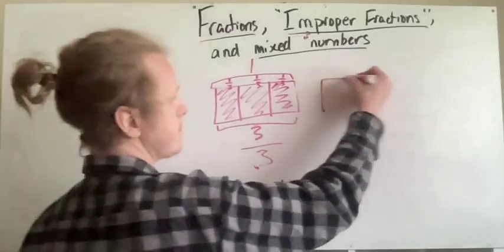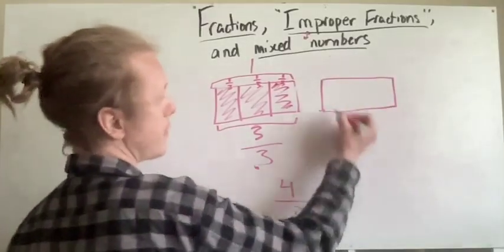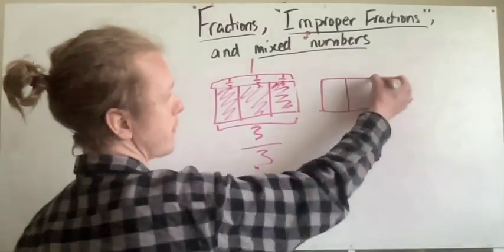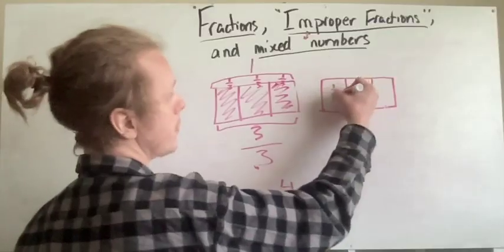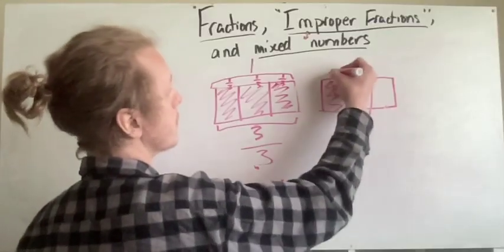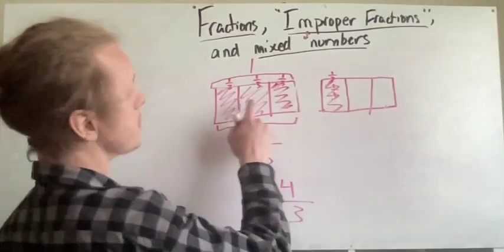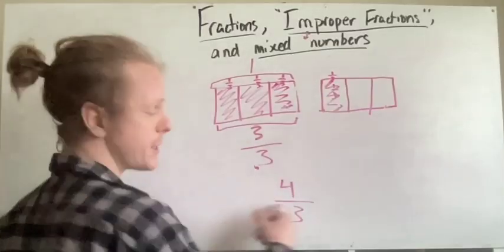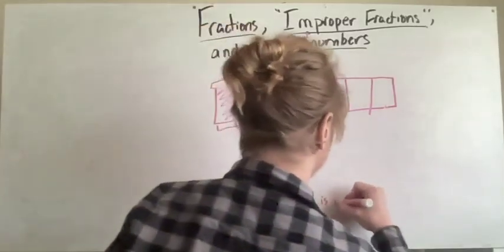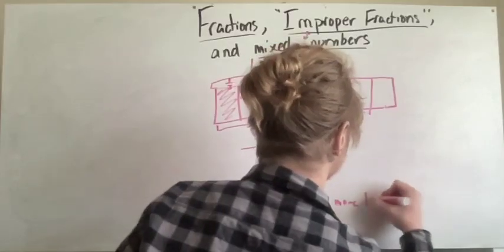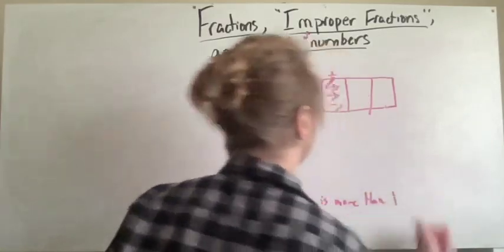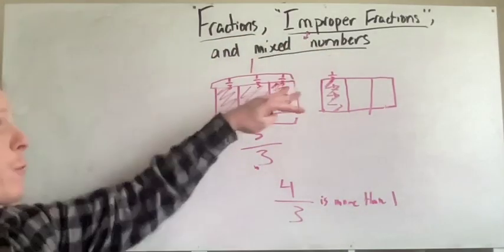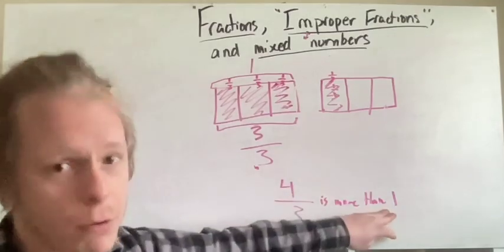Well, I need another chocolate bar, but not the whole thing, just 1 of the thirds. Now I have 1, 2, 3, 4/3. 4/3 is more than 1. If I ate 4/3 of something, or I have 4/3, that's more than 1 whole.